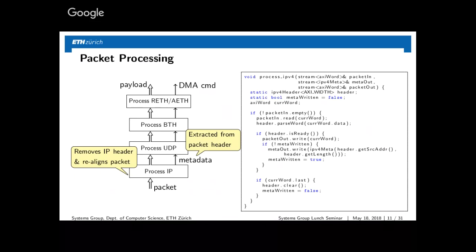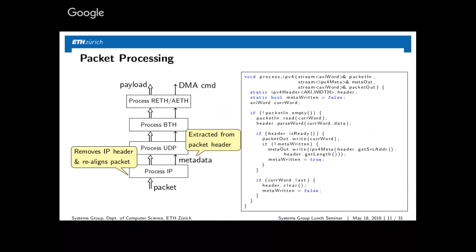Here we have a stream where the packet comes in, and we can check if there is new data. If there's new data, we read it into this variable called current word. Then we have an object called header, which defines this IP4 header, and this object will parse the new data into the header object.